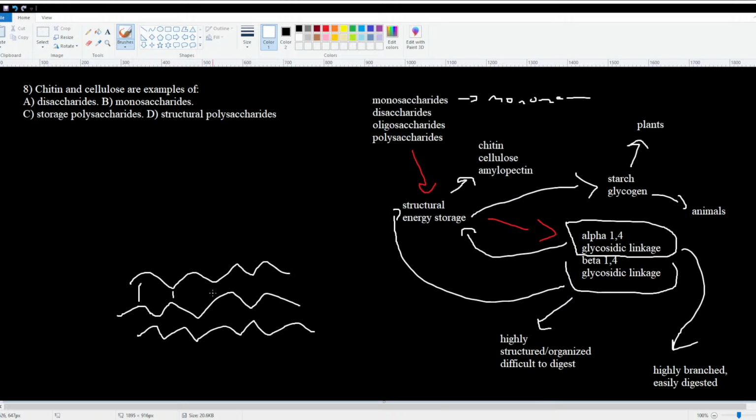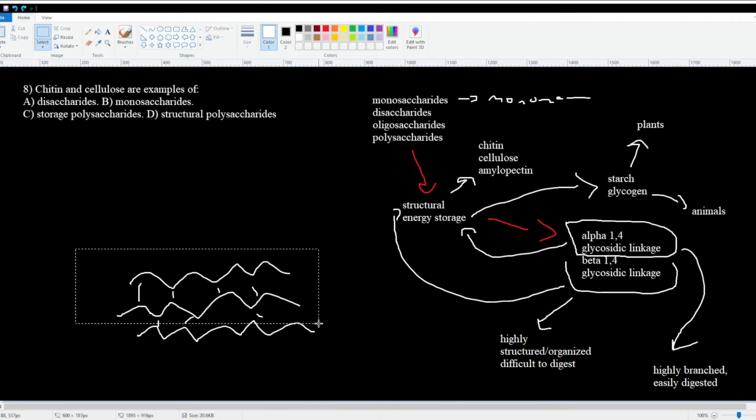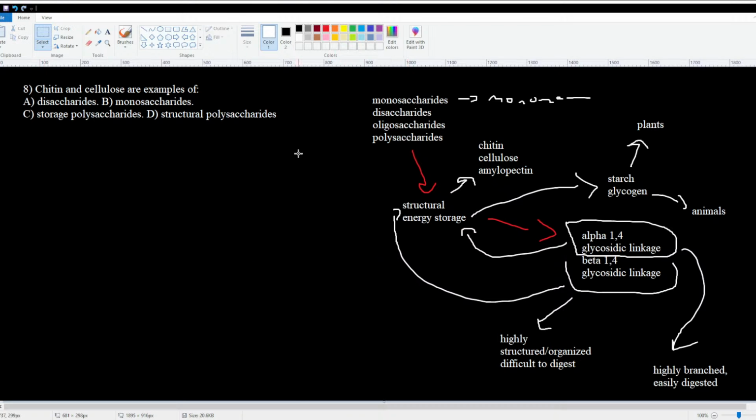They're linked together by hydrogen bonds, a lot of hydrogen bonds. We tend to think of hydrogen bonds as being weak, but when you have a lot of them together, they create some pretty strong linkages. Whereas alpha 1,4 are branched off like this. So this is going to be starch and glycogen.